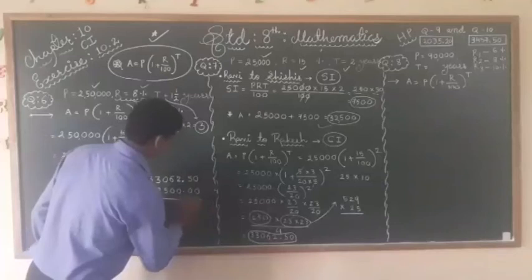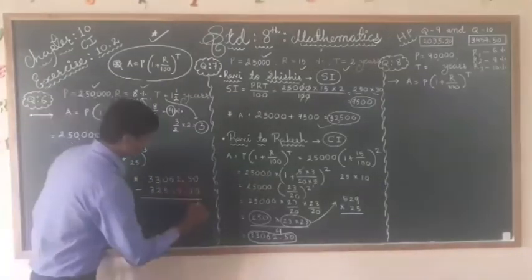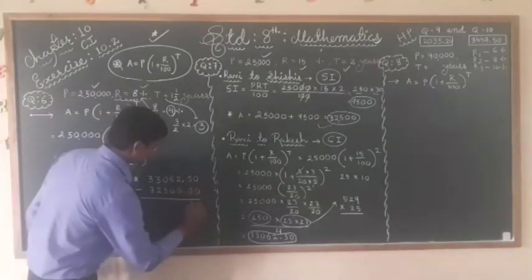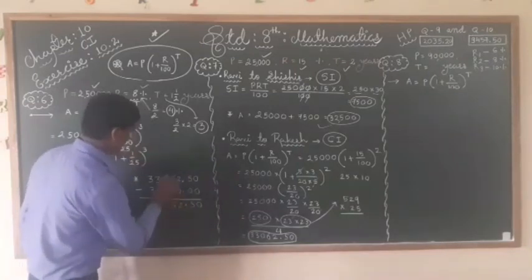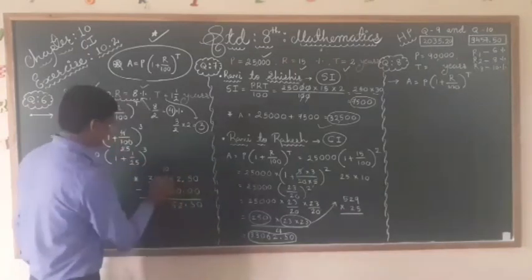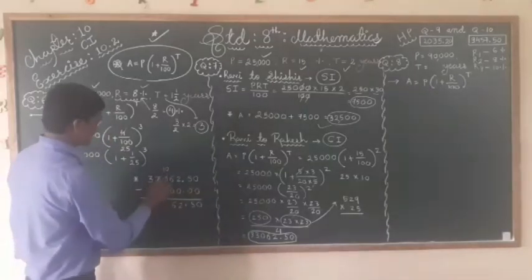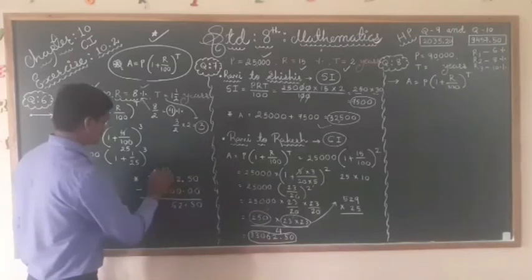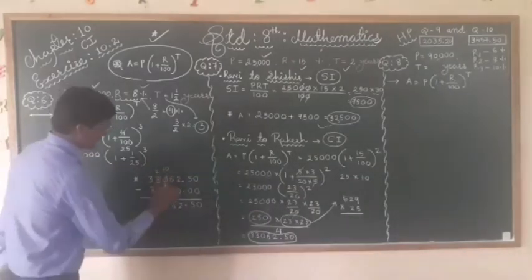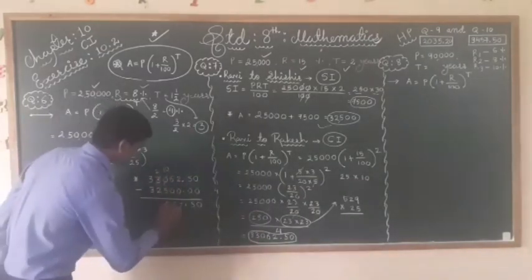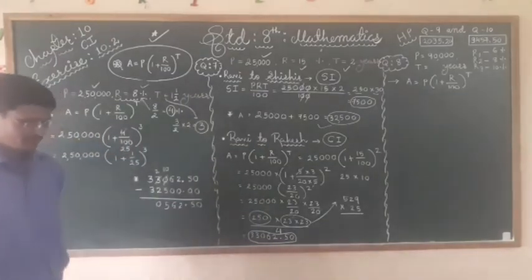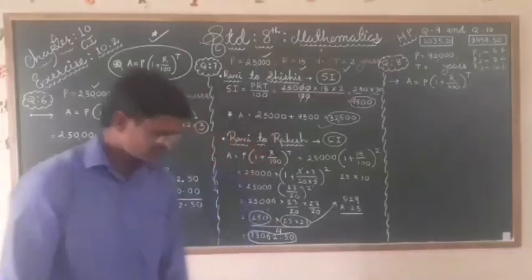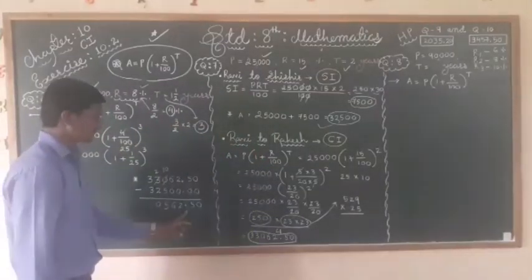So the answer you will get: 0, 5, then 2, 6, here 10, then here this will be 2. Okay, so 10 minus 5, 5, and this is 0. So the answer you will get, that is 562.50 rupees.